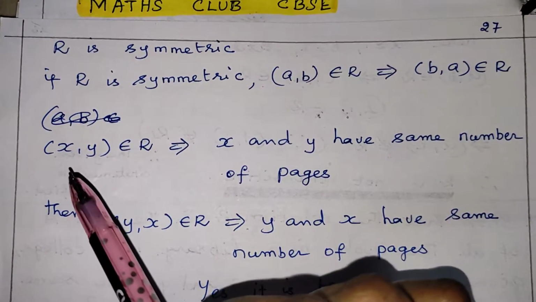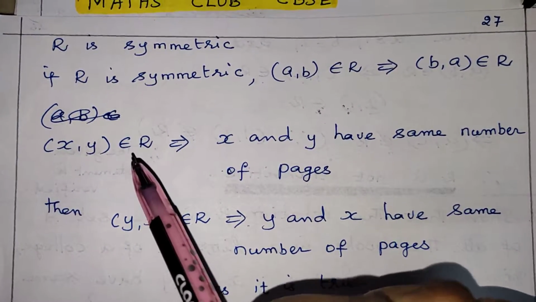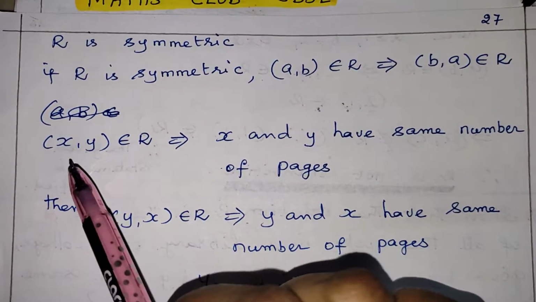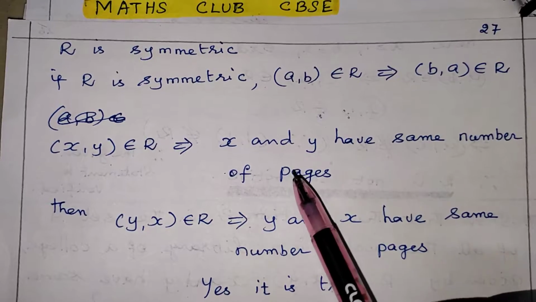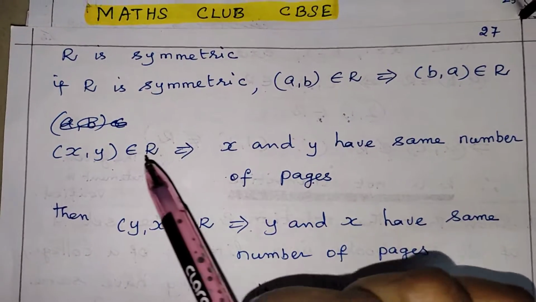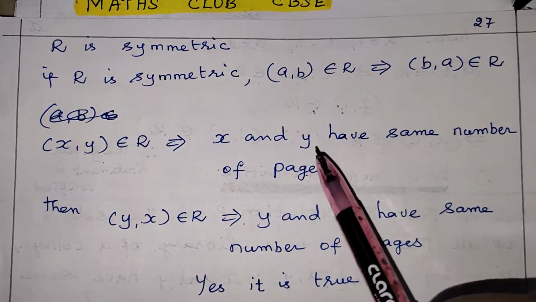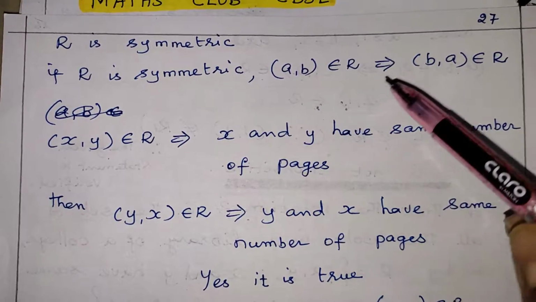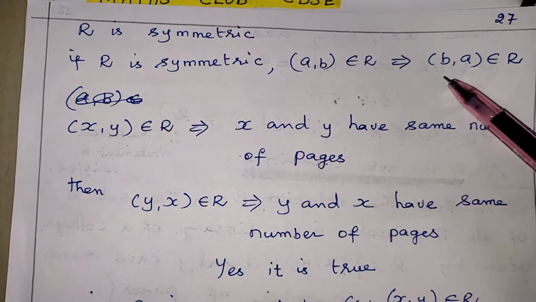Now we take the pair (x, y) belongs to R. That means, from the given relation condition, x is one book, y is another book, they have the same number of pages. The next statement for symmetric is that (b, a) belongs to R.